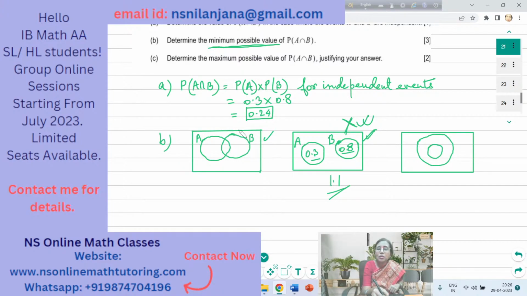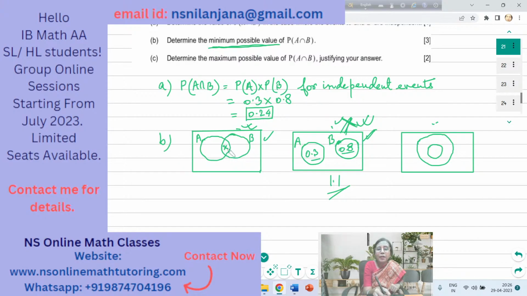So let us come to this. This is one extreme and this is another extreme. This is the midpoint. So I have started with one extreme and I have seen that this cannot be taken. So let us come to this. There is some overlapping. These two are definitely not mutually exclusive.